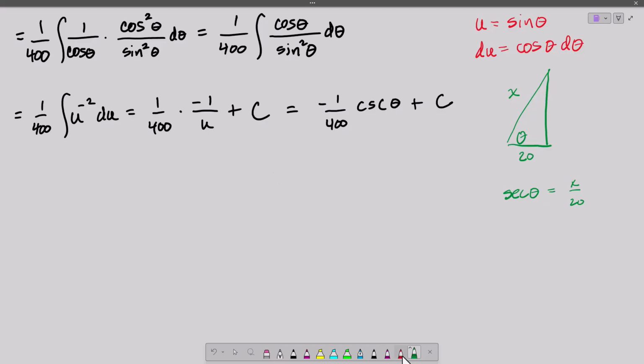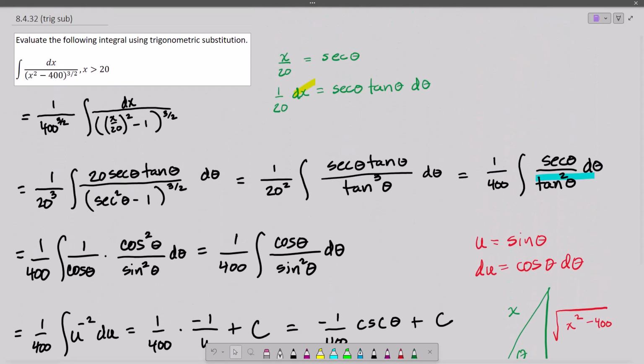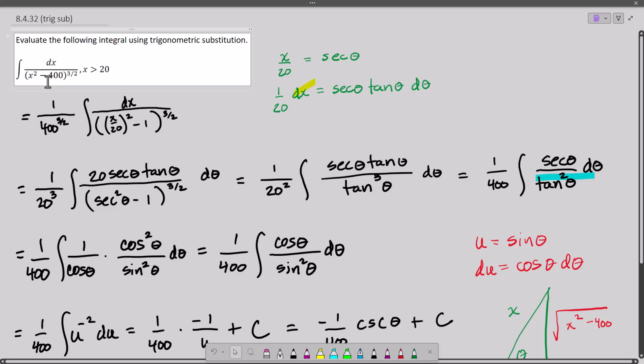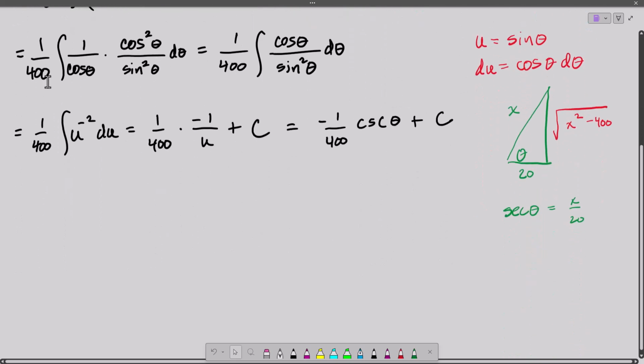And then we have to fill in the missing side with the Pythagorean theorem. So that will be the square root of x squared minus 400. And that should match what we have in the original problem. If it doesn't match, it should be real close. But if it doesn't match closely or exactly, then you know you probably made a mistake.